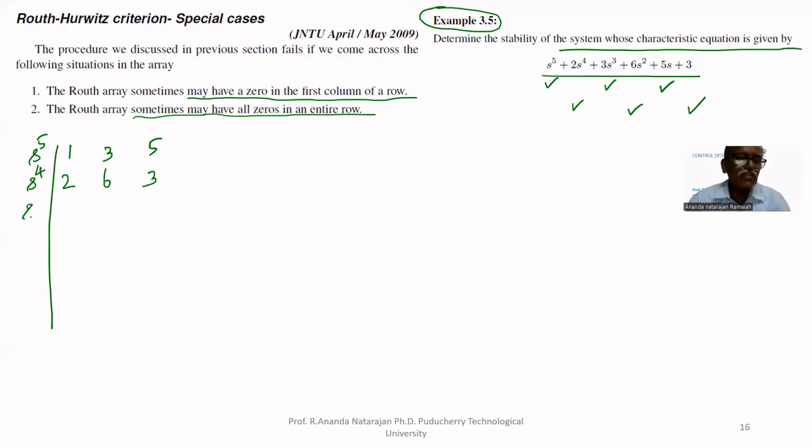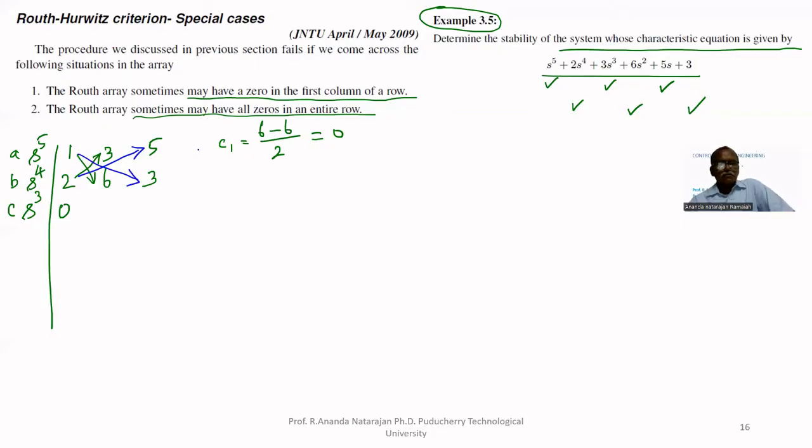Now let us find the S cube row. 2 multiplied by 3, you will get 6. C1 equal to 6 minus 6 divided by 2, that is equal to 0. So you will get a 0. Then 2 multiplied by 5 minus 1 multiplied by 3.